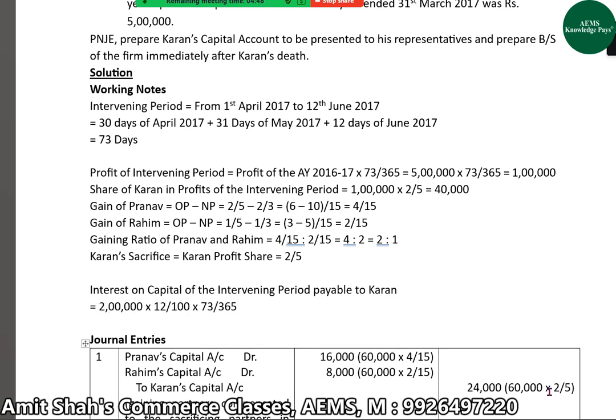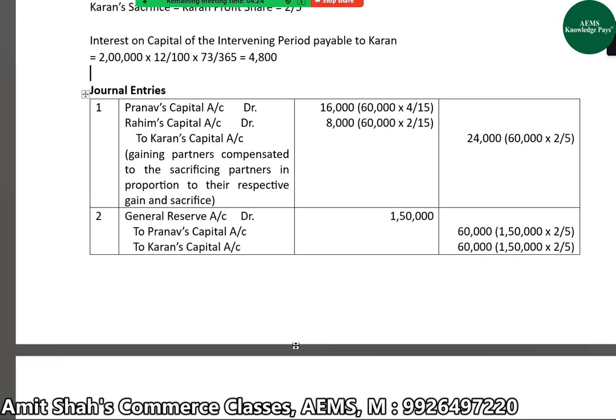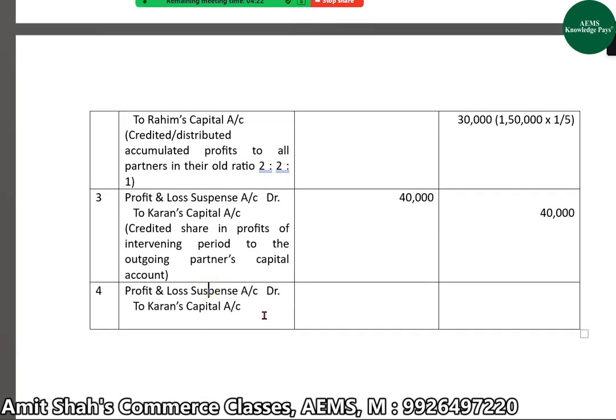I hope, guys, you are understanding it, right? Yes, sir. This is 24,000 and this is 1 by 5. So 24,000 divided by 5 means 4,800. So interest on capital of the intervening period is 4,800. For that we will debit P&L suspense account and credit Karan's capital account.